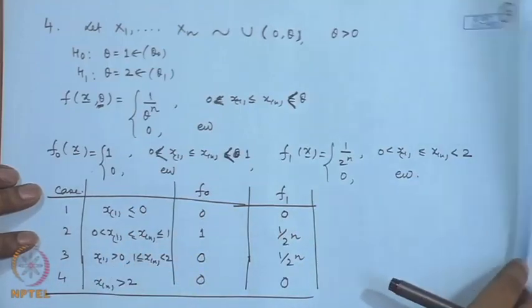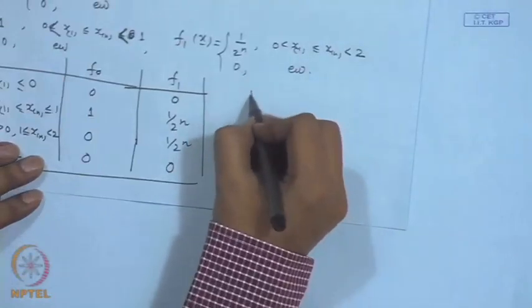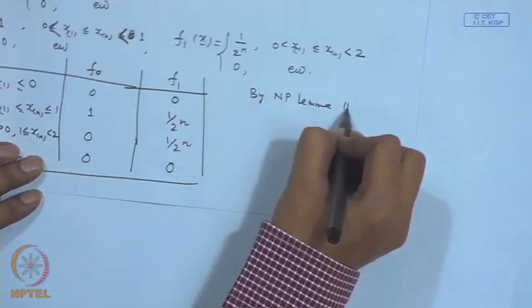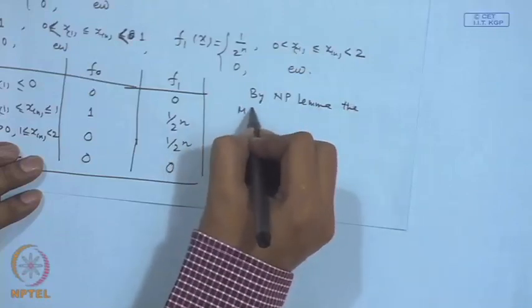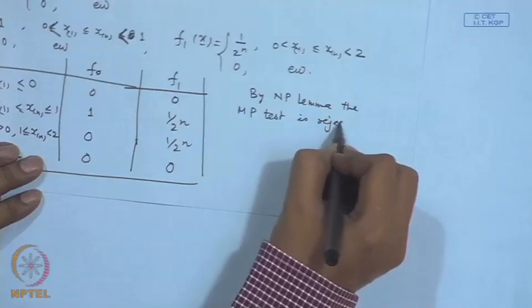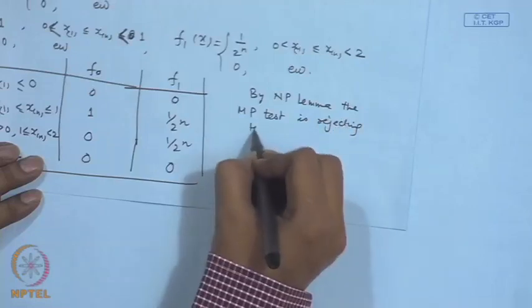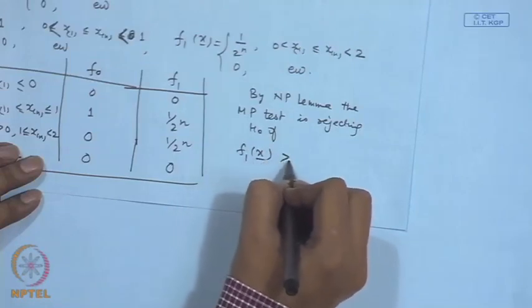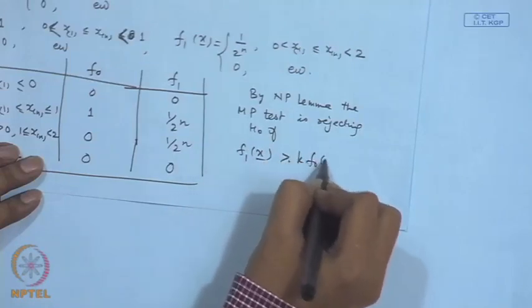Okay. By the NP lemma, the MP test is rejecting H naught if f 1 x is greater than k times f naught x.